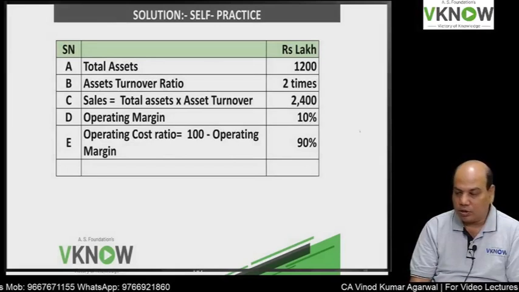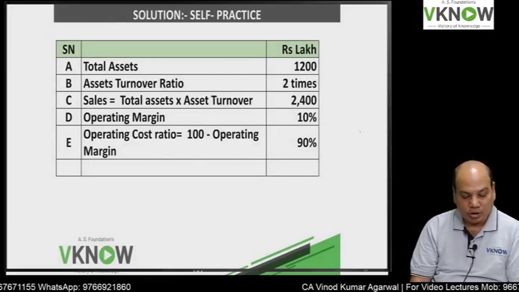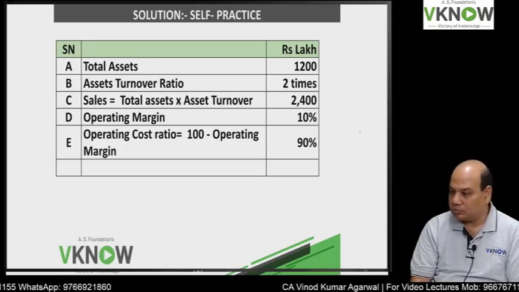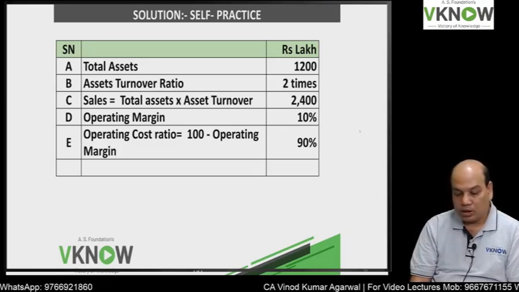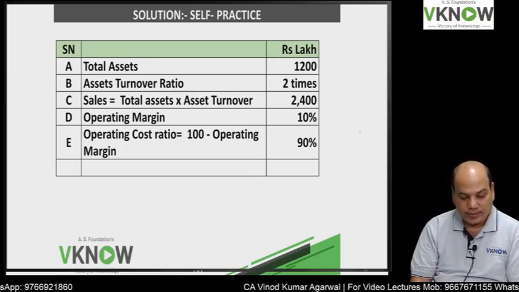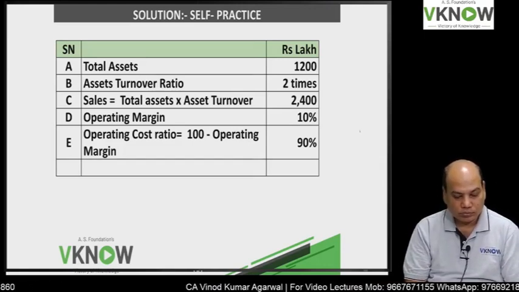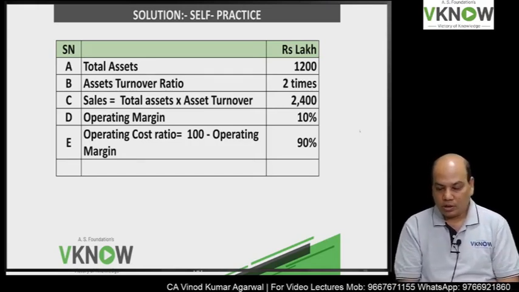Next line, operating cost ratio is equal to 100 minus operating margin, 90%.